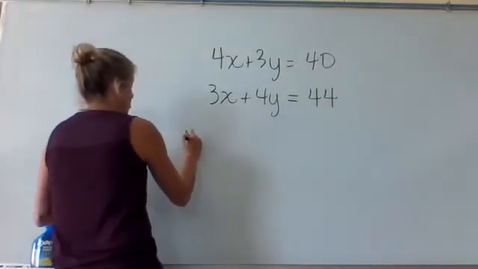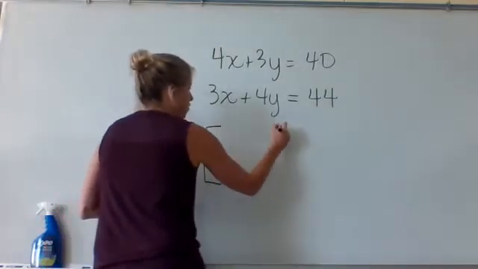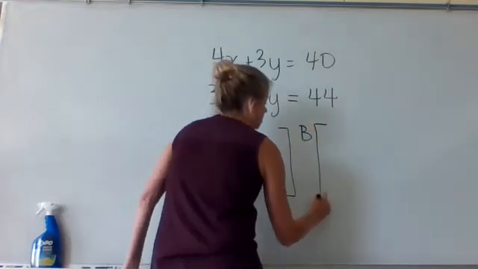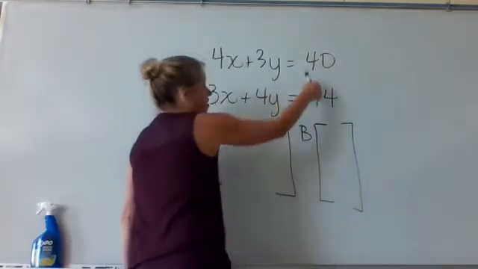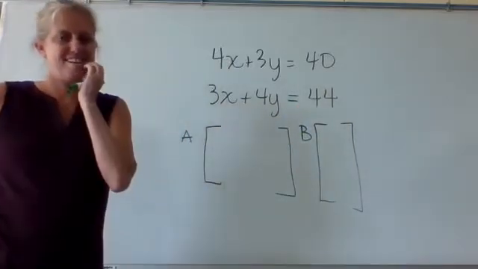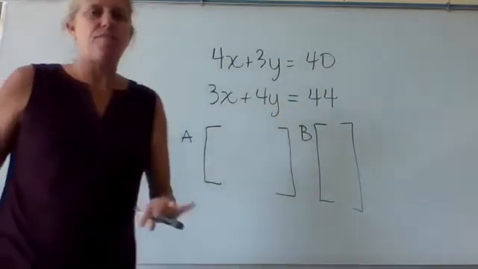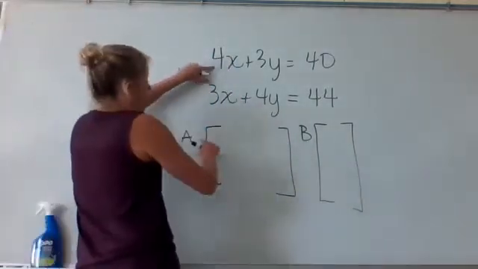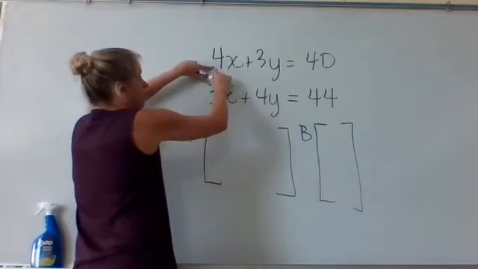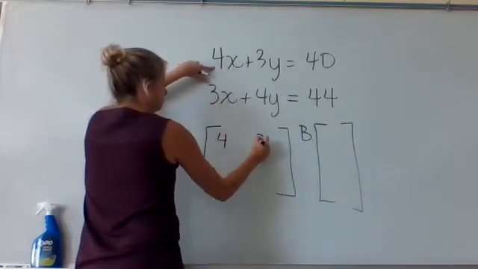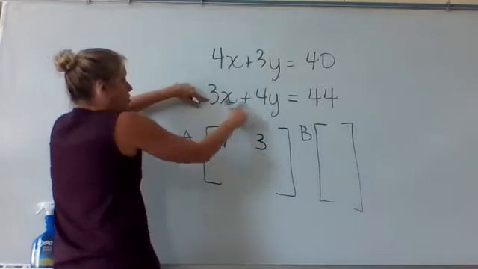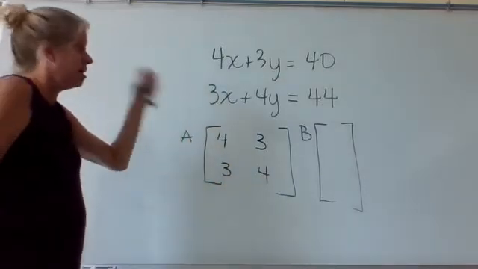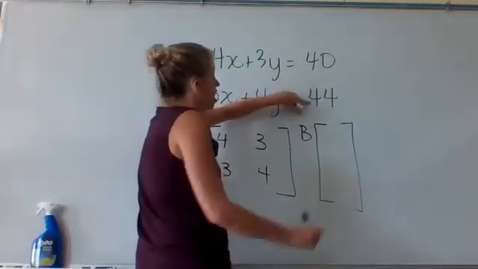I'm going to create matrix A from the front part. Matrix B will come from the part that's after the equal signs. Now we're just using the coefficients, just the numbers, not the x's and the y's. So what's going to be the first row of matrix A? It's going to be 4, 3. The second row will be 3, 4. Matrix B is this column right here.